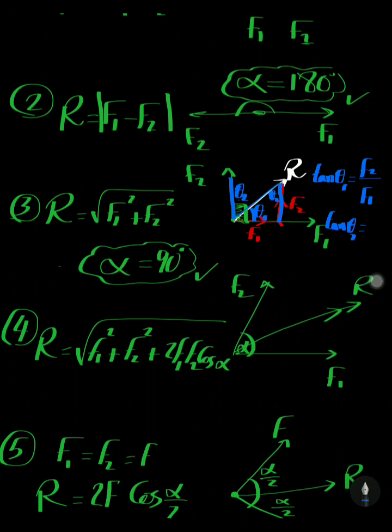Then if this angle is theta 2, so this angle is also equal theta 2. To find the tan theta 2, we make opposite over adjacent. The opposite to theta 2 is F1, and the adjacent to theta 2 is F2. So to find the tan theta 2, we make F1 over F2. To find the tan theta 1, we make F2 over F1.